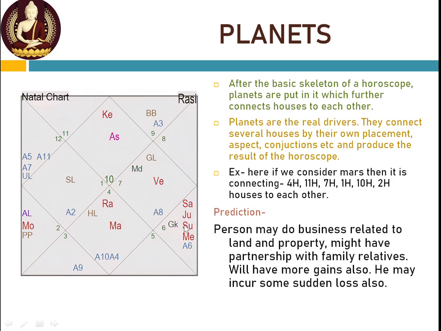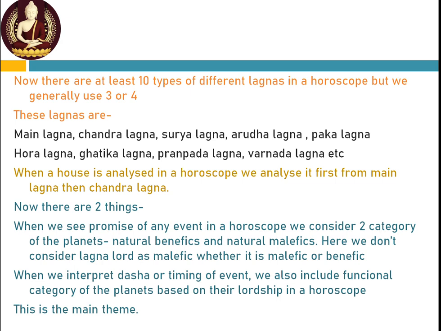So this house can also be considered as the lagna, where the lagna lord is sitting. So you can make the 9th house the lagna, and then see the horoscope from this house. That is called Paka lagna.